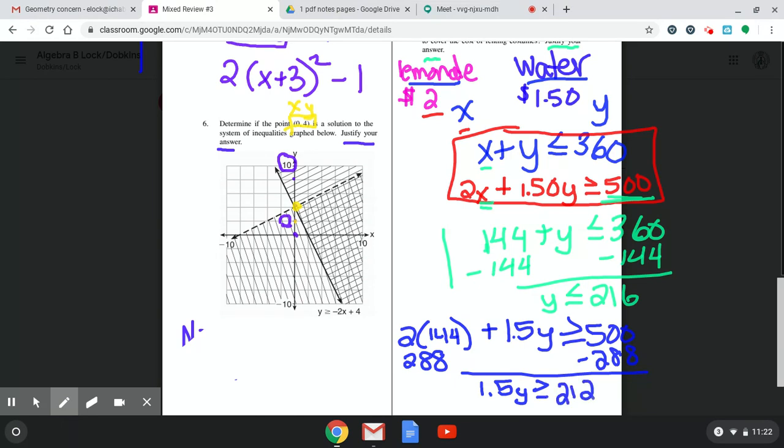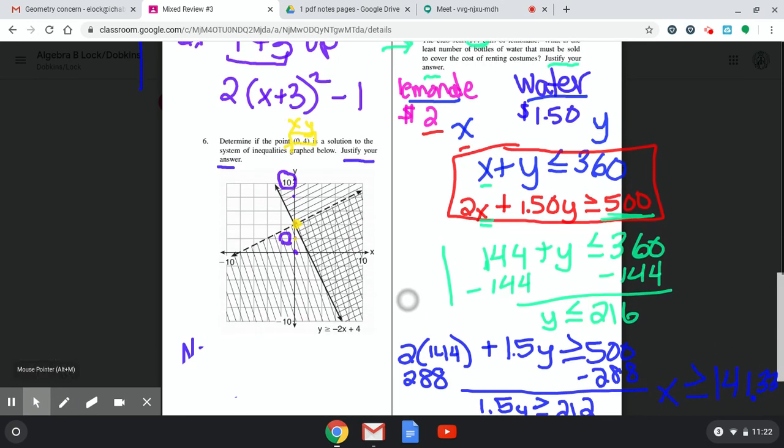And then on the calculator, if you divide over by 1.5, y is greater than or equal to 141.33. Now, we can't leave a decimal there because it asks for how many bottles of water.